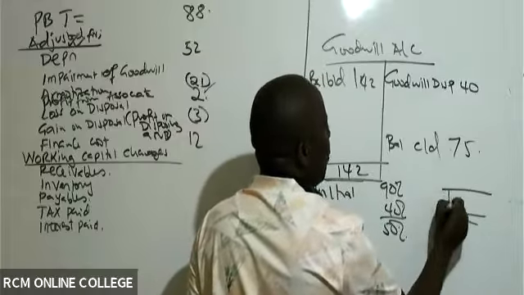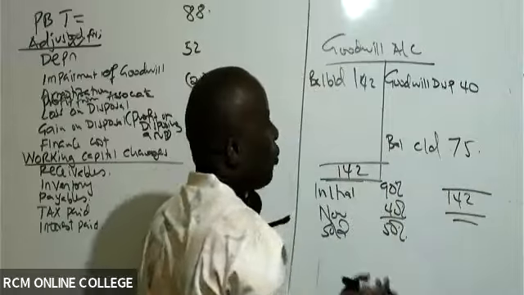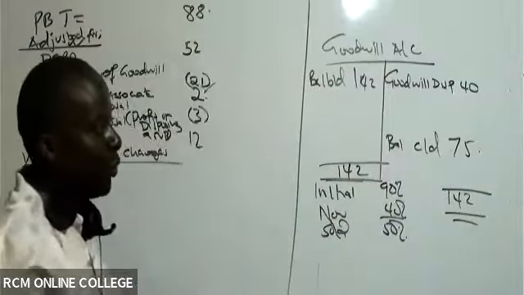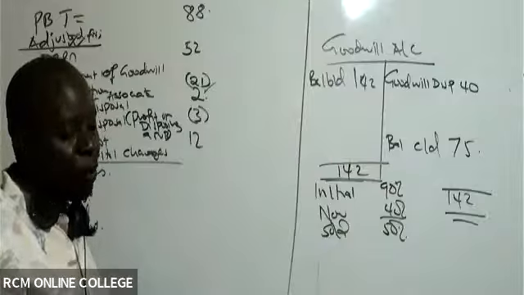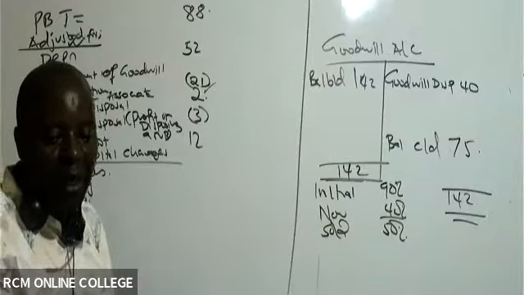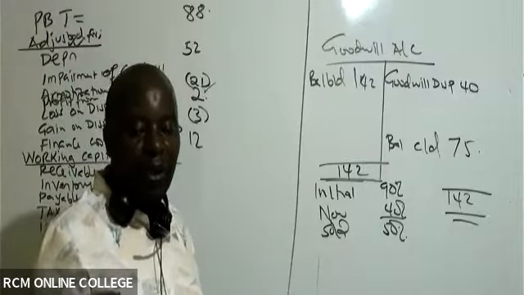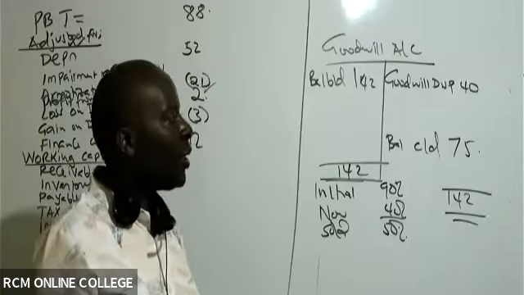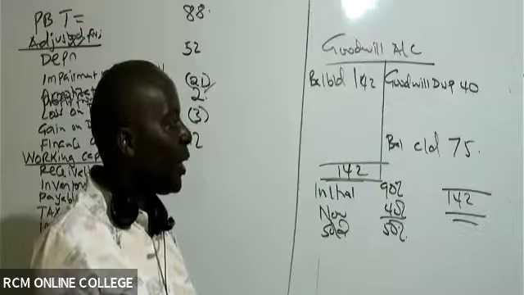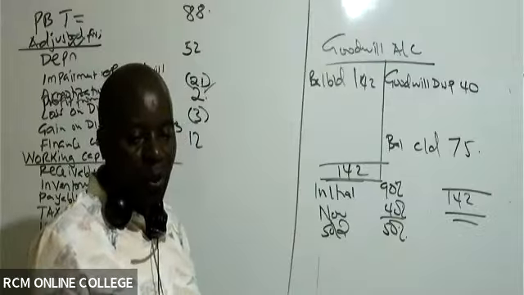I'm able to see this 142 is bigger. So 142 minus 75 minus that 40 disposed. Of course, the balancing figure here will be goodwill impaired. It's goodwill impaired, a loss there. Is there somebody who can give me this loss or goodwill impaired?